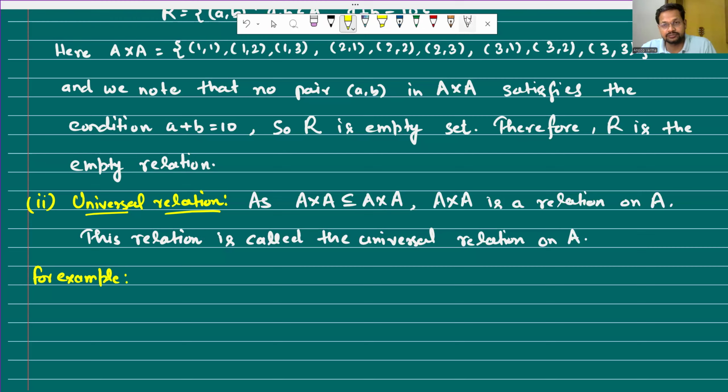So for example, consider a relation on the same set.